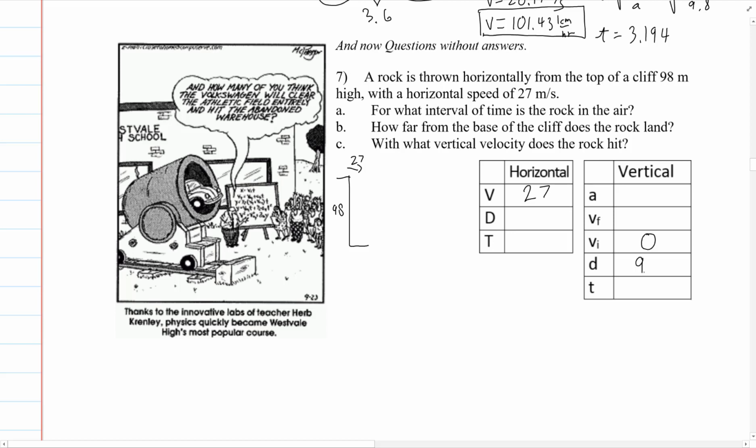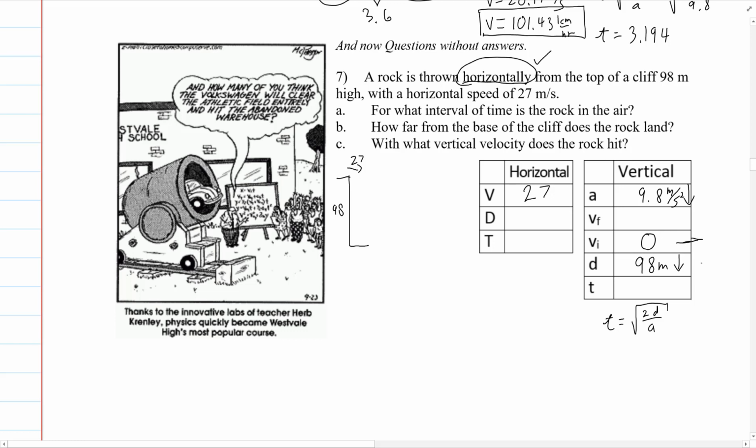The distance down it's going to go is 98 meters, and the acceleration is 9.8 meters per second squared down. So the time is going to equal the square root of 2d over a, because VI is 0, because it's horizontal.